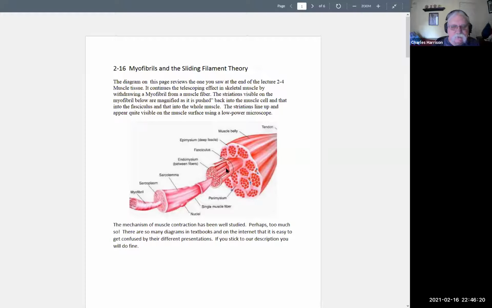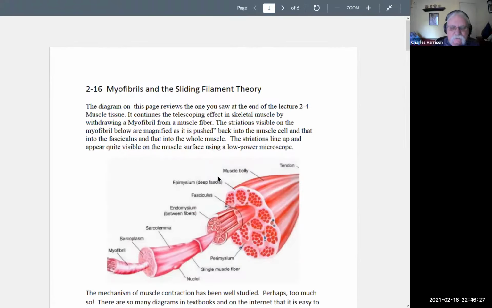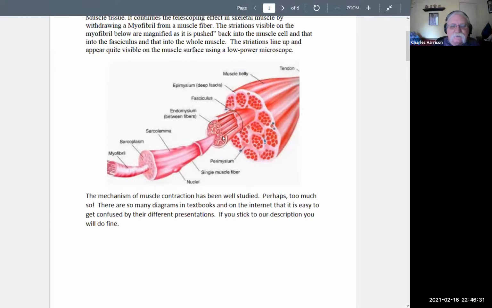They're interchangeable. If you could see, and maybe I'll make it a little bit longer, between the muscle cells, here, here, there's another connective tissue. This is the endomysium.